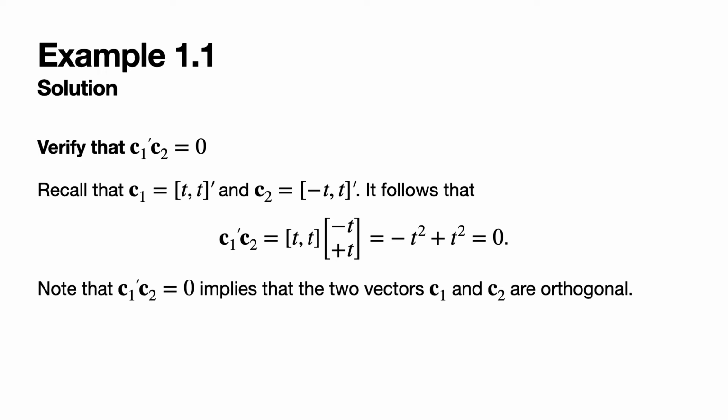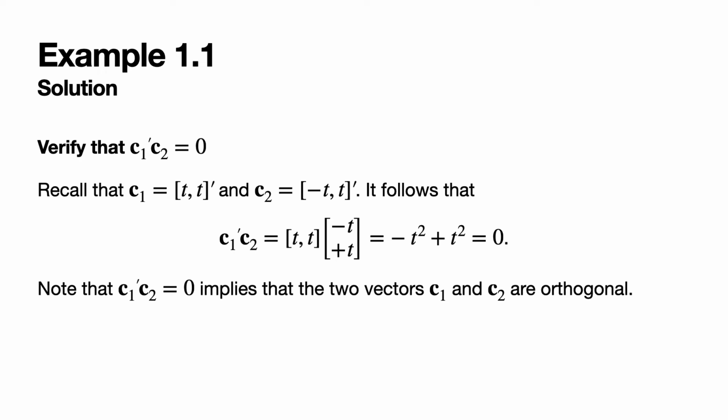And so we want to verify that C1 and C2, because they are characteristic vectors of cap sigma corresponding to different characteristic roots, are in fact orthogonal. And we show that by showing that their inner product is 0.